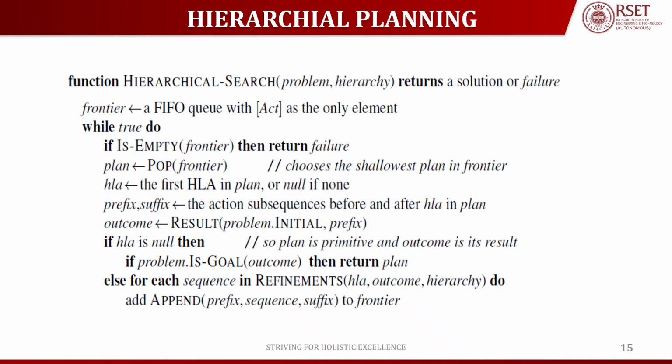And if no, check if the goal is reached. And if the answer is yes, then that is the solution. Okay. And if it is no, then you have to continue the searching. So in hierarchical planning, planning is increased gradually. Instead of exploring different types of primitive steps, it explores the higher level features first.